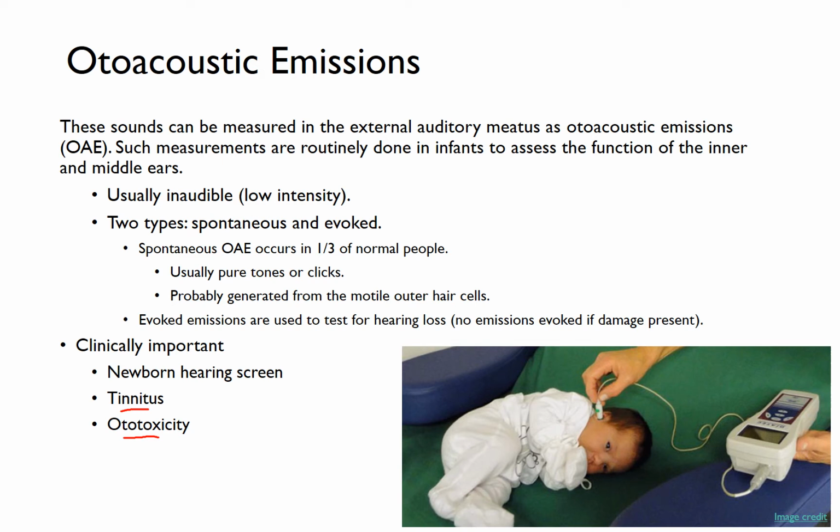There are two types. The spontaneous ones, which are just a spontaneous sound, actually occur in a lot of people in normal hearing physiology. And there's also evoked. Evoked otoacoustic emissions are what's done in this test.